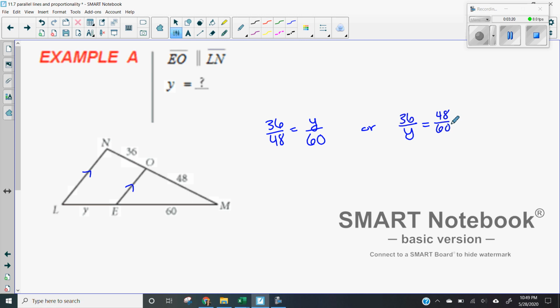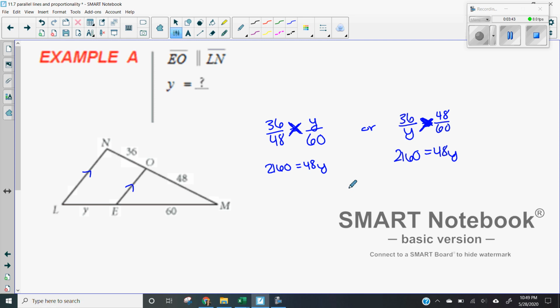So look at this product that we get from cross multiplying here. This product is 2160. This product is 48y. The same exact thing happens over here. Even though I jumbled around the proportion, I still get the same product, right? 36 times 60. There's that 2160 again. This direction, 48 times y.